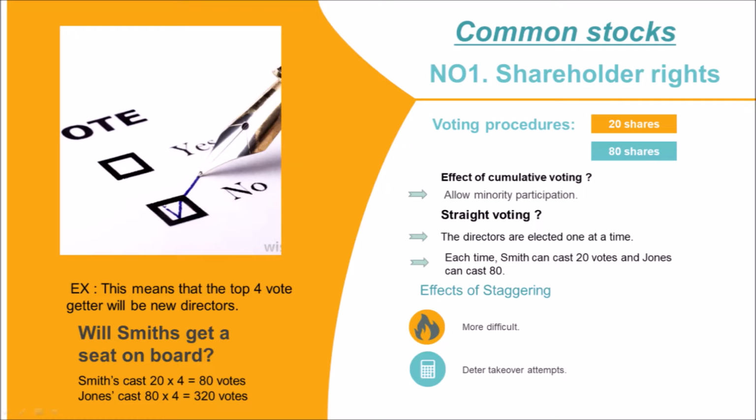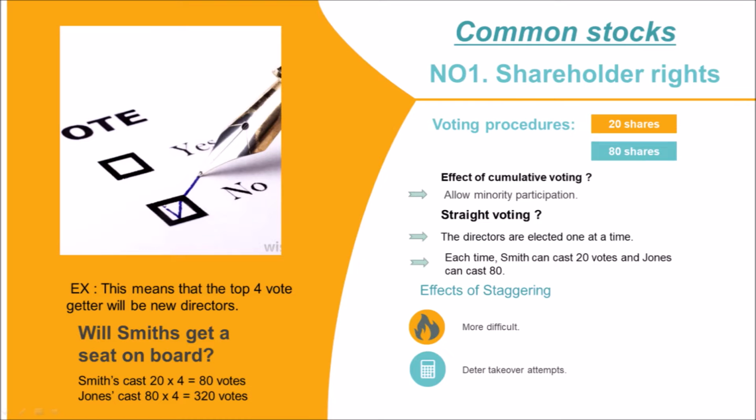If we ignore the possibility of a 5-way tie, then the answer is yes. Smith will cast 20 multiplied by 4, which is 80 votes, and Jones will cast 80 multiplied by 4, which is 320 votes. And if Smith gives all his votes to himself, he is assured of a directorship. The reason is that Jones can divide 320 votes or more among candidates in such a way as to give all of them more than 80 votes, so Smith will finish fourth at worst.